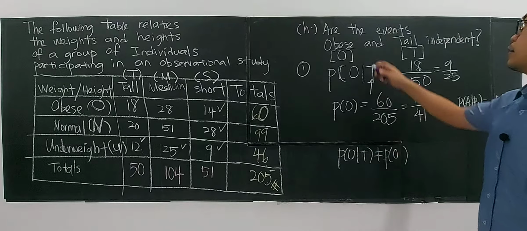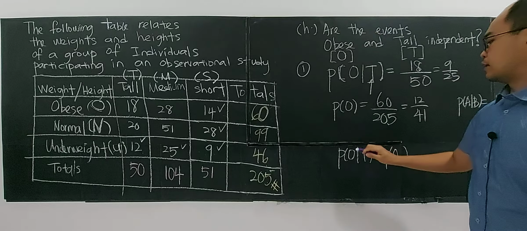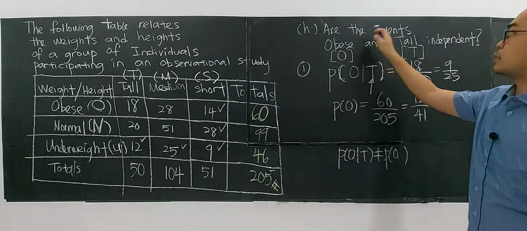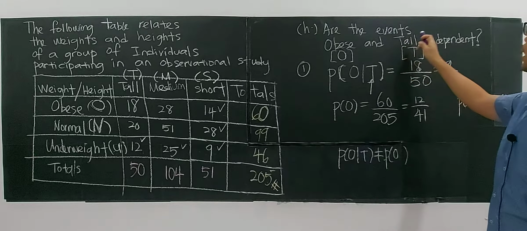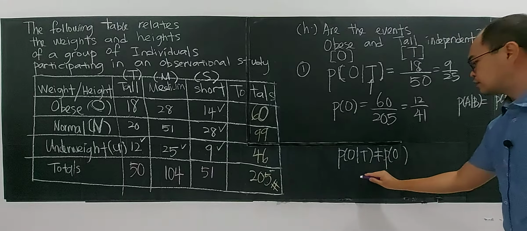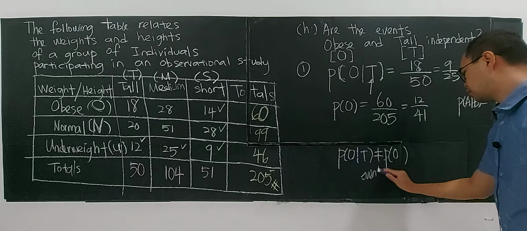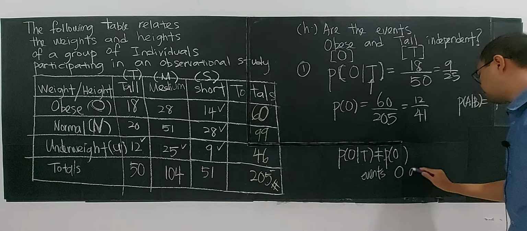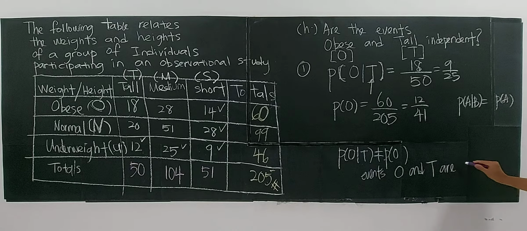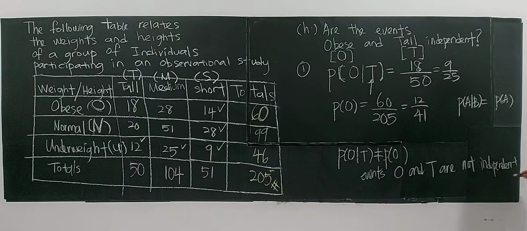So we can say that the events obese and tall are not independent, or in short, are dependent.